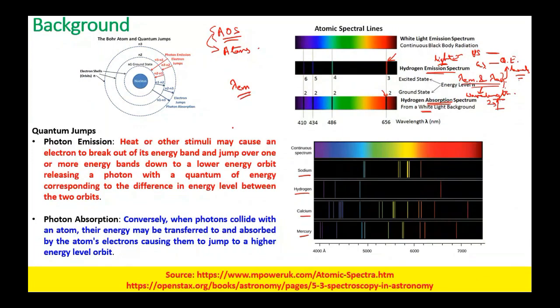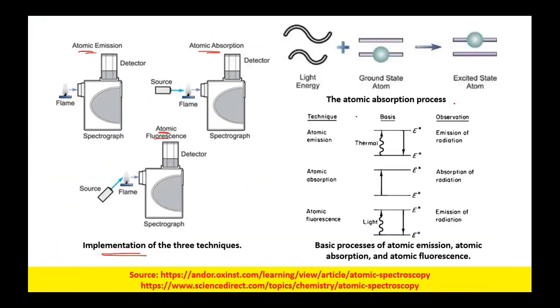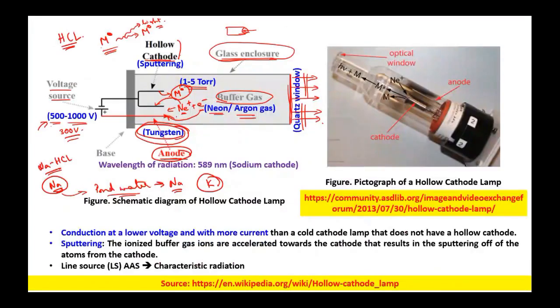Then only the absorption will happen. Otherwise, it will not happen. So this is why, if I have to analyze sodium ions, I need to use a sodium hollow cathode lamp.